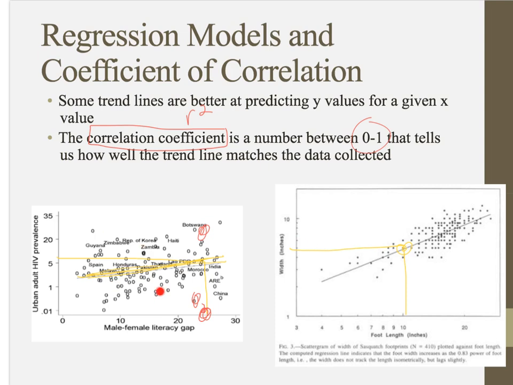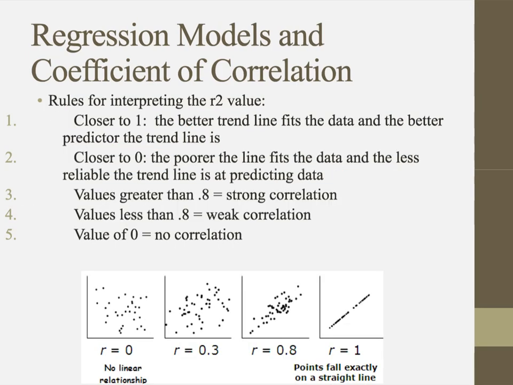Or is that data highly variable and that line may or may not be a good predictor of values? So here's how we're going to determine or interpret that R squared value. The closer to 1 that value is, the better the trend line fits the data and the better predictor that line is. So a better fit and a better predictor.